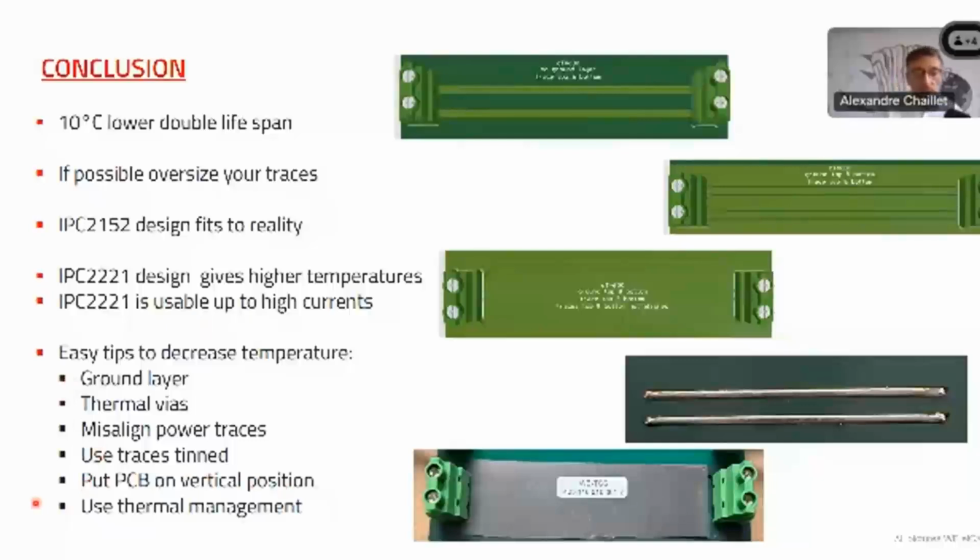We didn't see a test on that, but vertical, if you are able to put the PCB in a vertical position, that's always better because of the air movement. It will create a natural air movement that will also cool down your PCB, compared to a horizontal position. Well, you don't get a 50 degree difference, but it's always better in a vertical way.